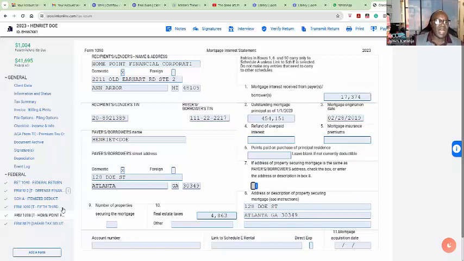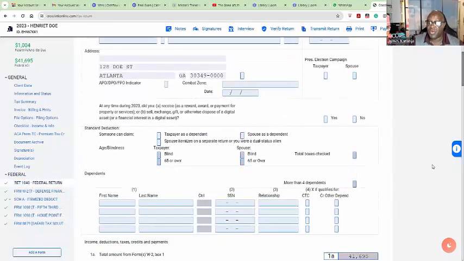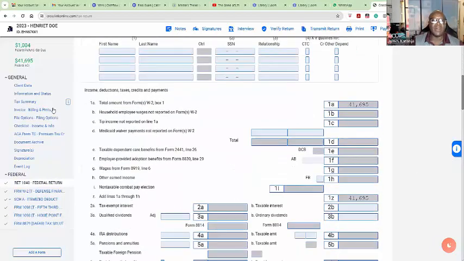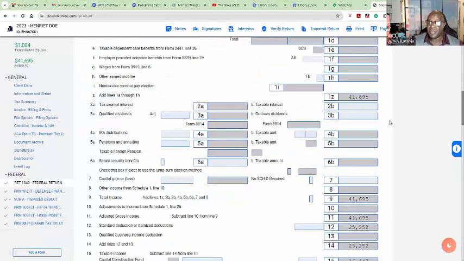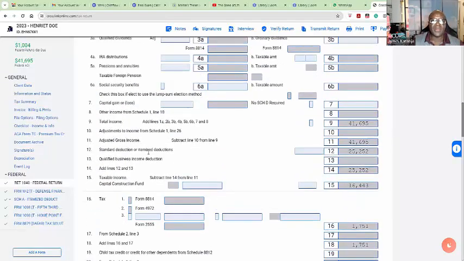If you look at it now, let's go to 1040 because we at least have an idea of 1040 before we go to Schedule A. If you look at it now, we still have the total amount as 41,695. Okay. And now the itemized deduction is showing us 25,252. We are going to look at Schedule A to see where that came from.